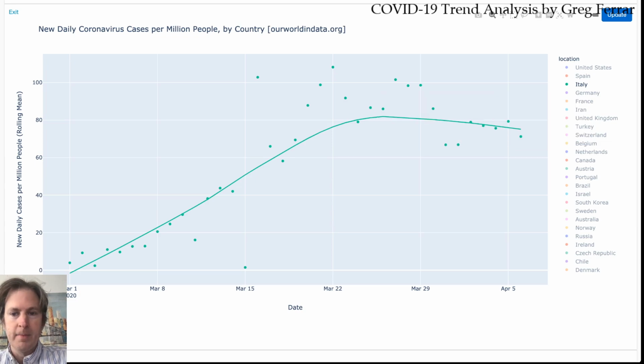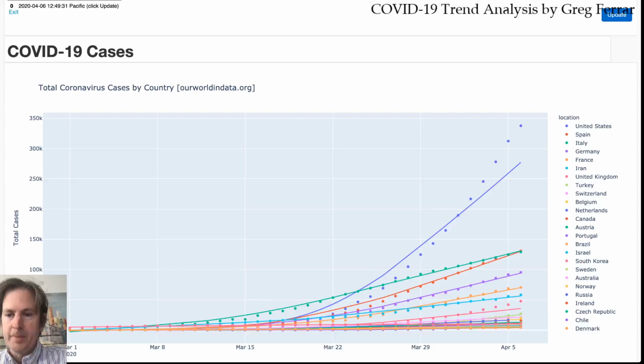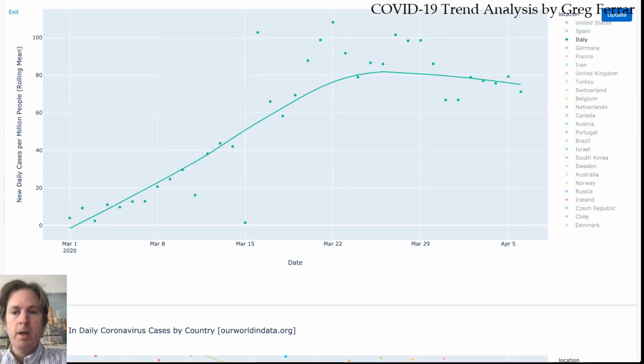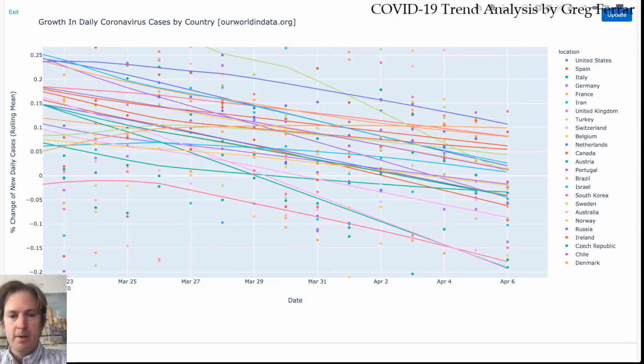If you look at the total growth curve for Italy, the total cases, you can see why people still think there's a problem: it's going up and up, more cases every day. It's terrible, and it is terrible, but the trend is good. We're seeing fewer and fewer new cases each day, even though the total number of cases will always rise.